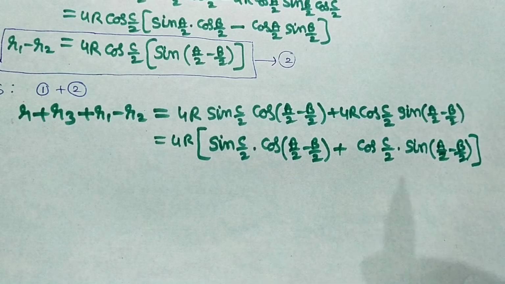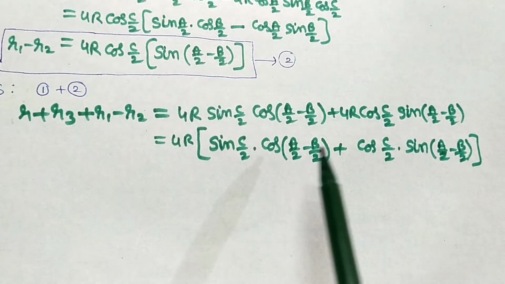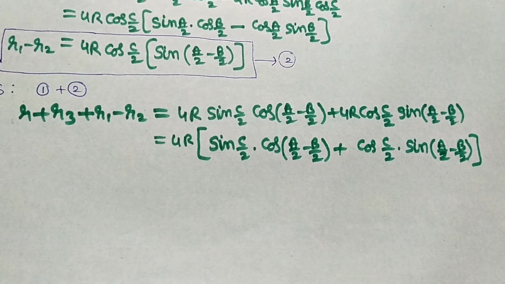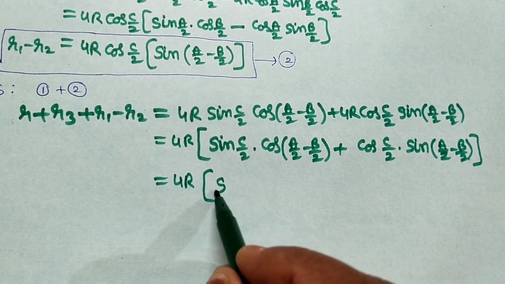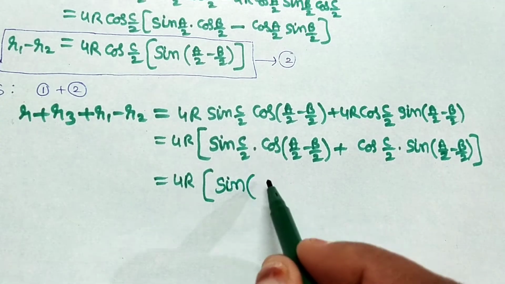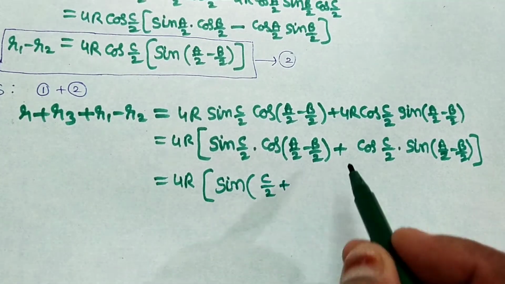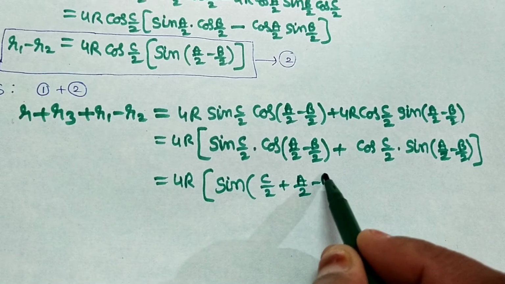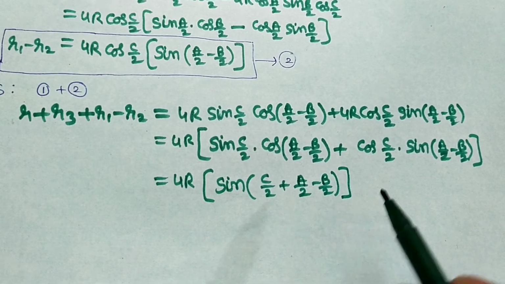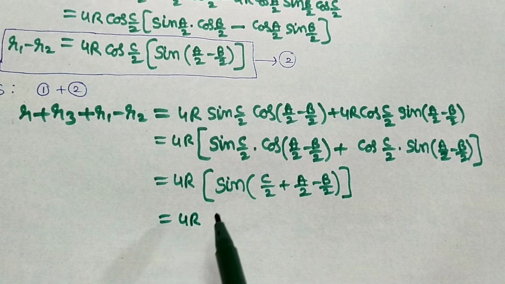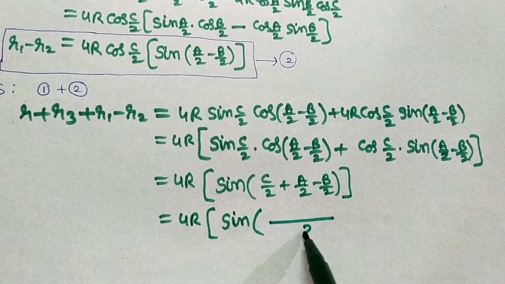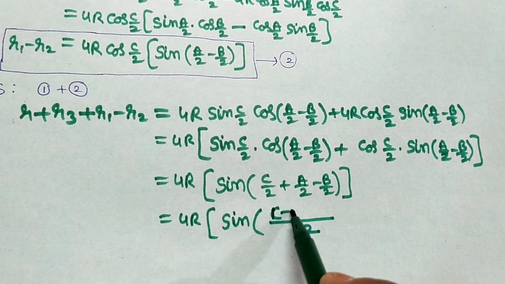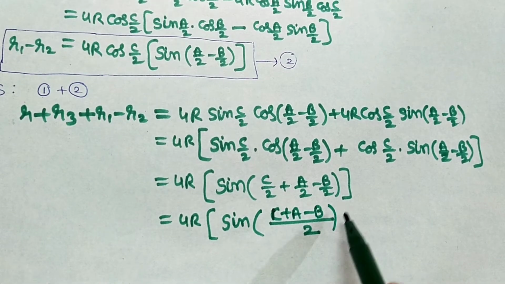So this bracket value is in the form of sin A cos B plus cos A sin B, which is sin of A plus B. So we can write it as 4R into sin of A plus B. Now A value is C by 2 plus B value is A by 2 minus B by 2, so which is equal to 4R into sin of, taking LCM, (C plus A minus B) by 2.